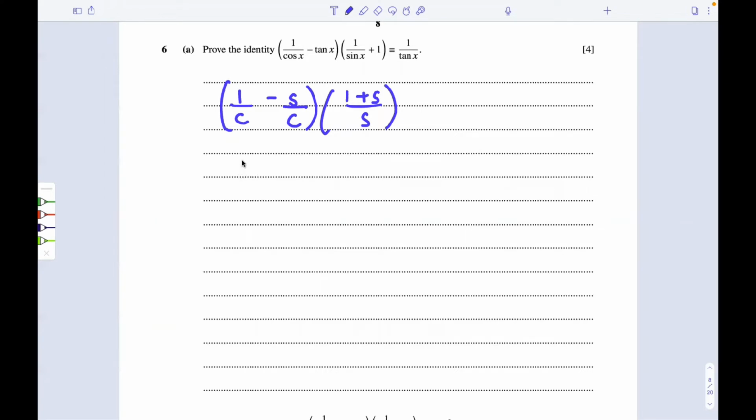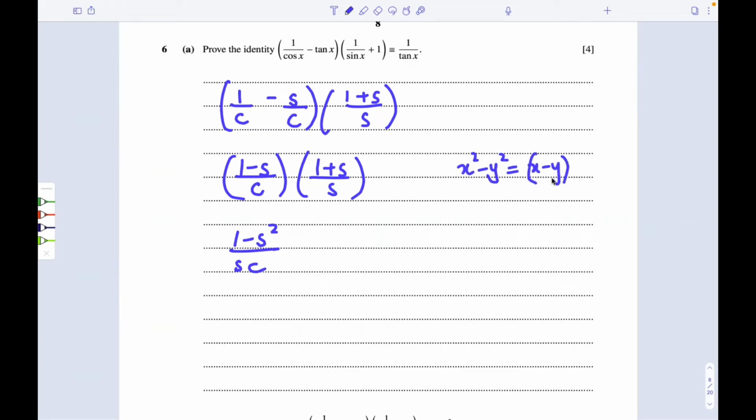So simplifying this side, we get 1 minus sin upon cos, and this will be 1 plus sin upon sin. So using the algebraic identity, we have 1 minus sin squared upon sin cos, as we know that x square minus y square can be written as x minus y, x plus y.